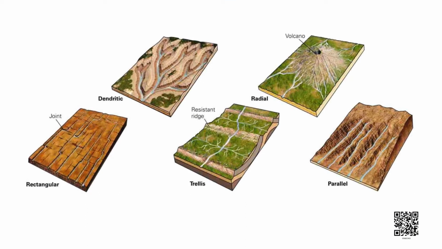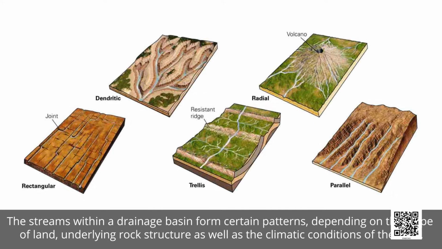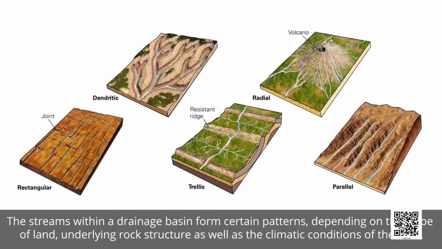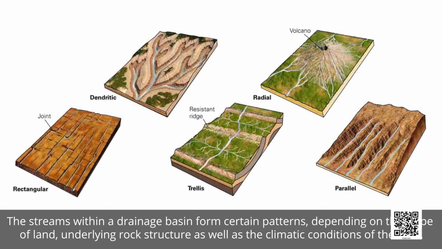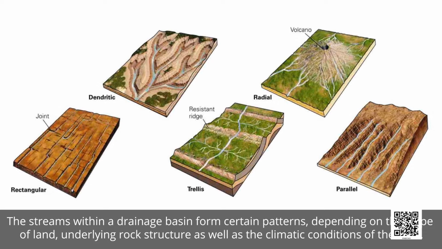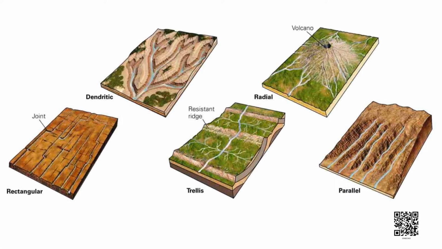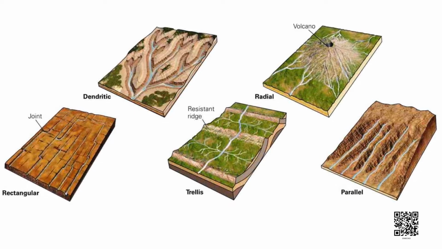From here, we see the different drainage patterns. The streams within a drainage basin form certain patterns depending on the slope of the land, underlying rock structure as well as the climatic condition of the area. These are dendritic, trellis, rectangular and radial patterns.